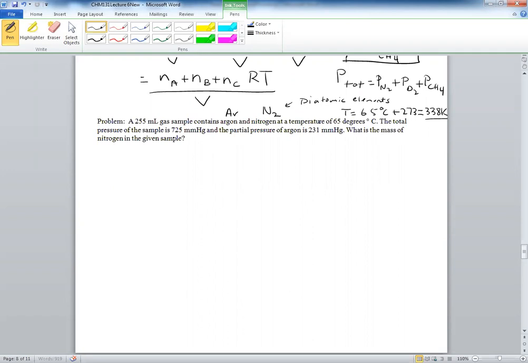The total pressure, so that's P total, is 725 millimeters of Hg. But the partial pressure of argon, so P of Ar, is 231 millimeters of Hg. What is the mass of the nitrogen in the given sample?